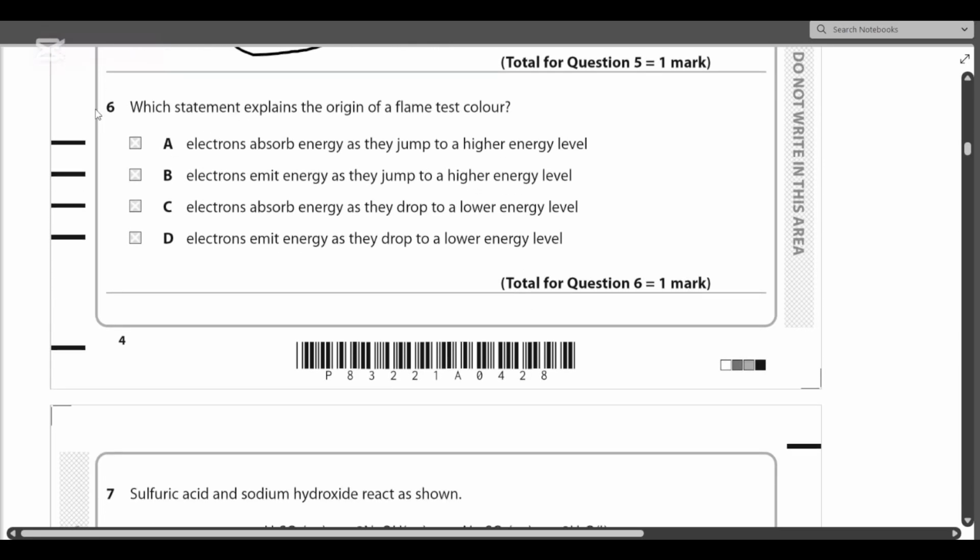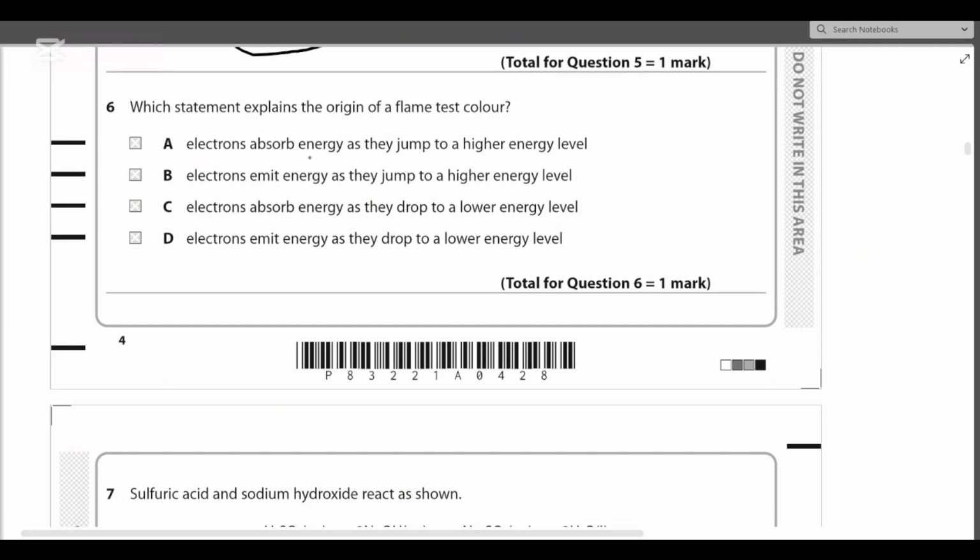Moving on, number 6: which statement explains the origin of a flame test color? You have to understand that the color only happens when energy is emitted.